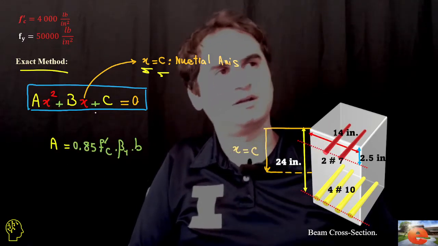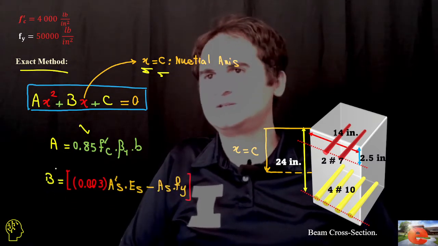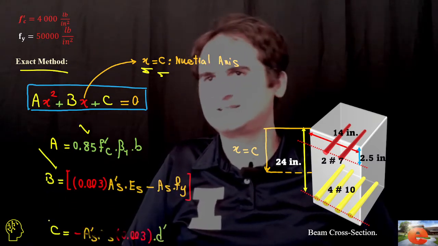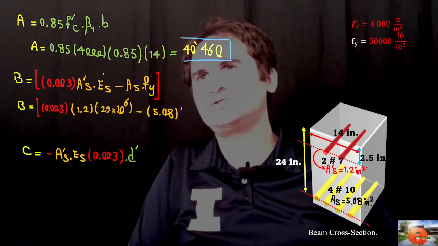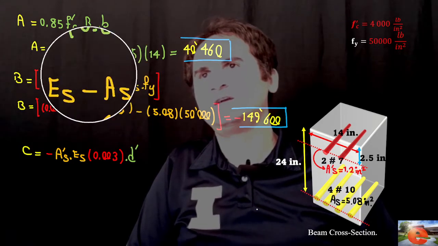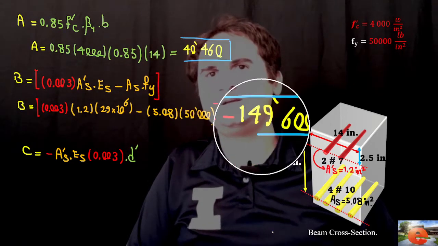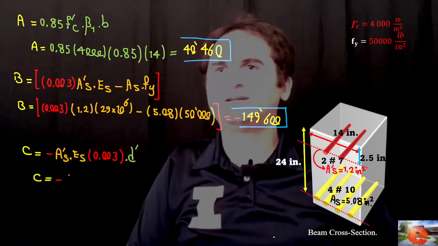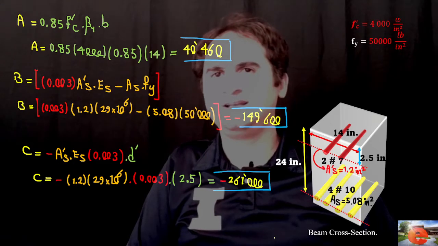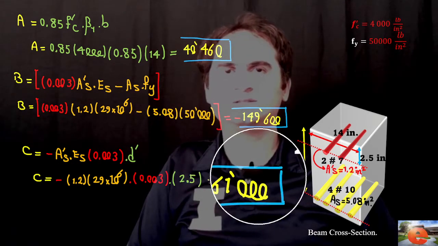The parametric value for A is this equation, for B is this equation, and for C is this equation. If we replace the numeric values in each of these equations, it gives us A equal to 40,460, B equal to negative 149,600, and C equal to negative 261,000.